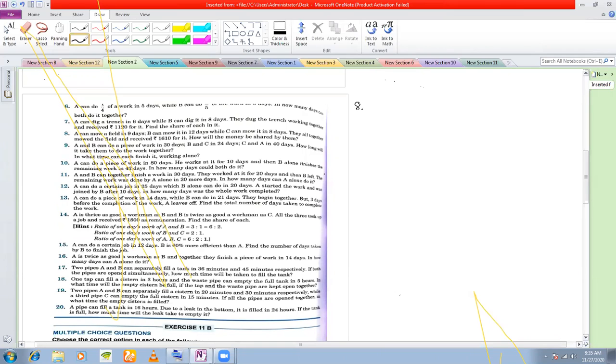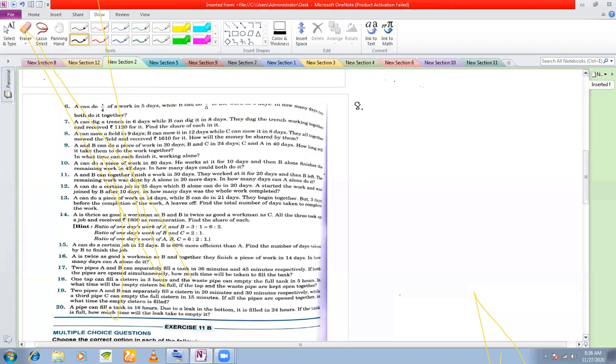They all together mowed the field and received 1610 for it. The employer who asked them to do this work paid them 1610. Now the question is, how will the money be shared by them?